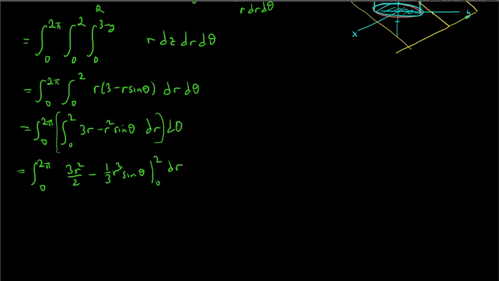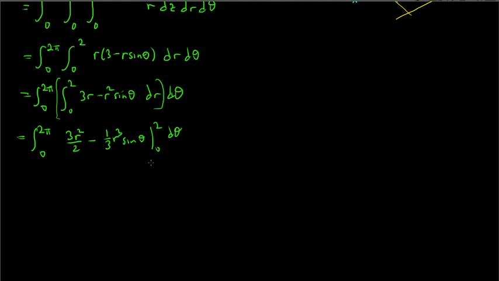But we're just evaluating between, oops, this is theta here now, between 0 and 2. So r is 2. So 4 divided by 2 is 2. 3 times 2 is 6, right? Minus 8 over 3 sine theta. And now it's about as easy as it gets, right?